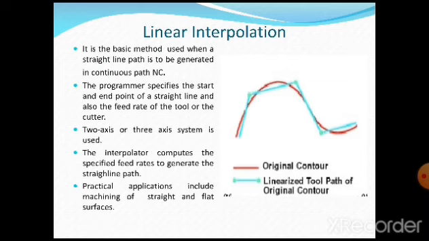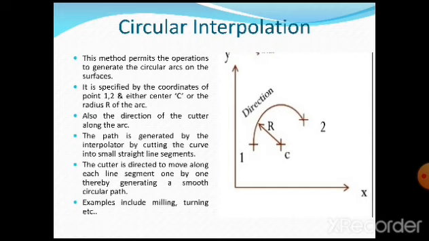So the next one coming up is called circular interpolation. Circular interpolation is nothing but a production of curves or circular arcs on a given workpiece. So how it works in NC machines is what we are describing now. This method permits the operations to generate the circular arcs on the surfaces.